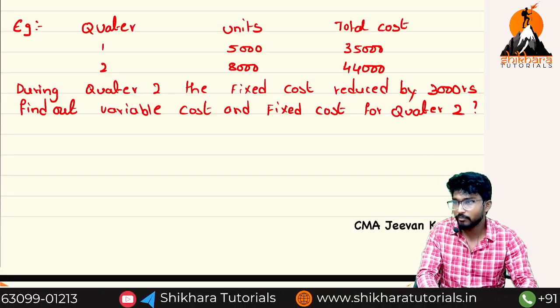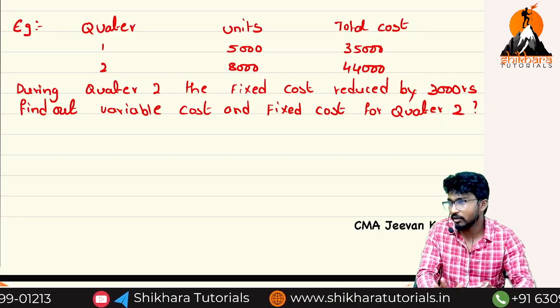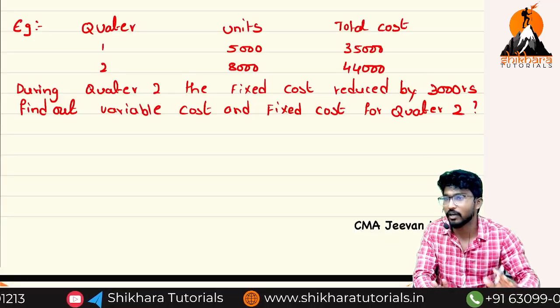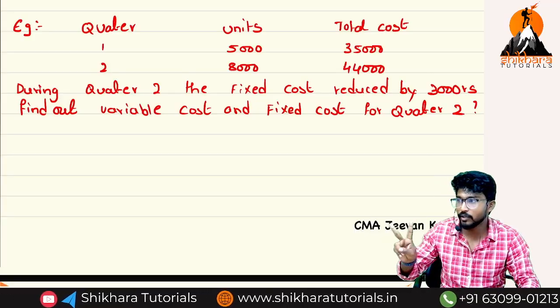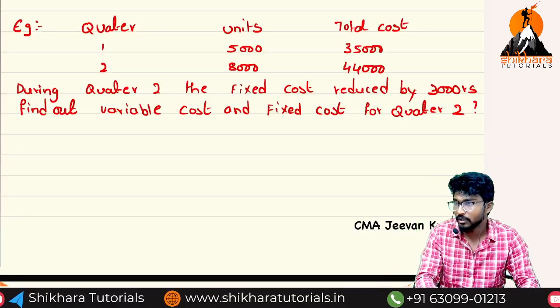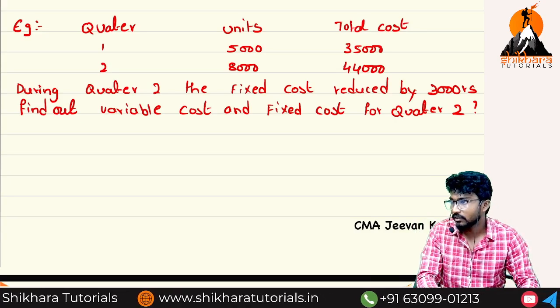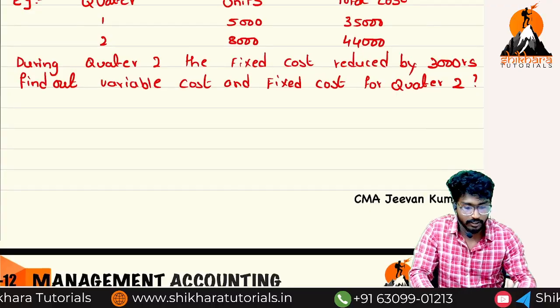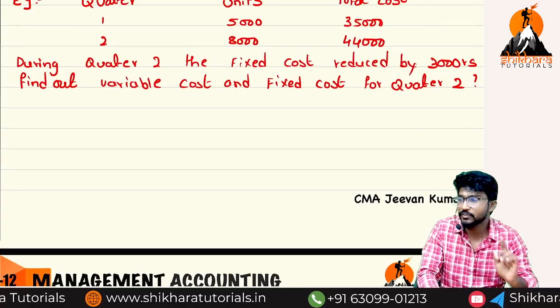Now we make that fixed cost a constant. Now we will apply the formula. Whenever we have two variables, it is impossible to solve the problem, and don't apply the formula directly. First make one thing constant. Here I am making this fixed cost constant.